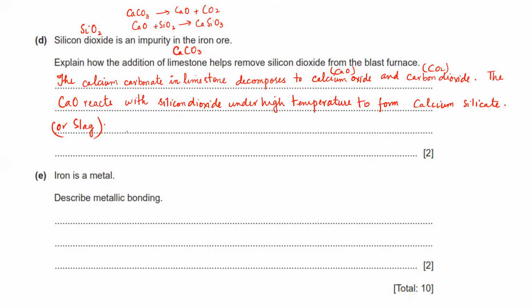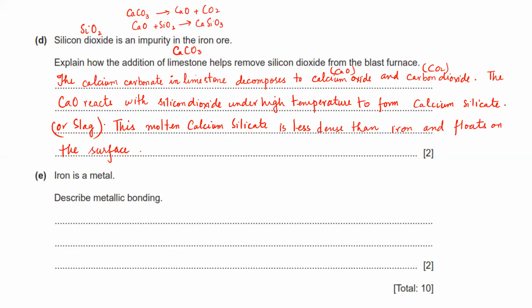And the slag is basically removed. This molten calcium silicate is less dense than iron and floats on the surface of molten iron, which can be easily removed.